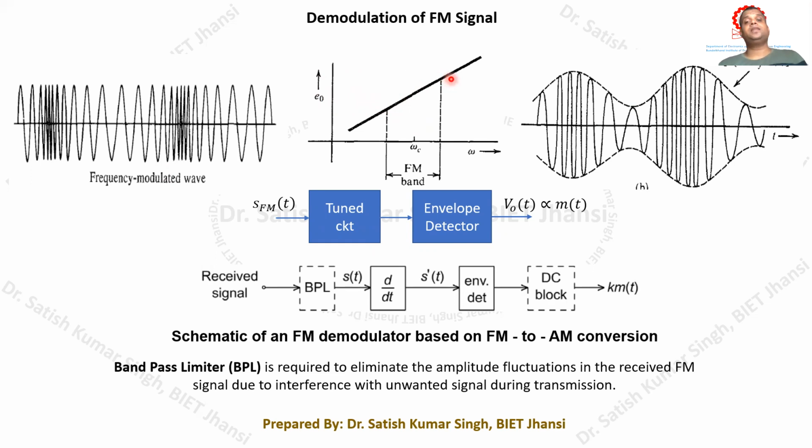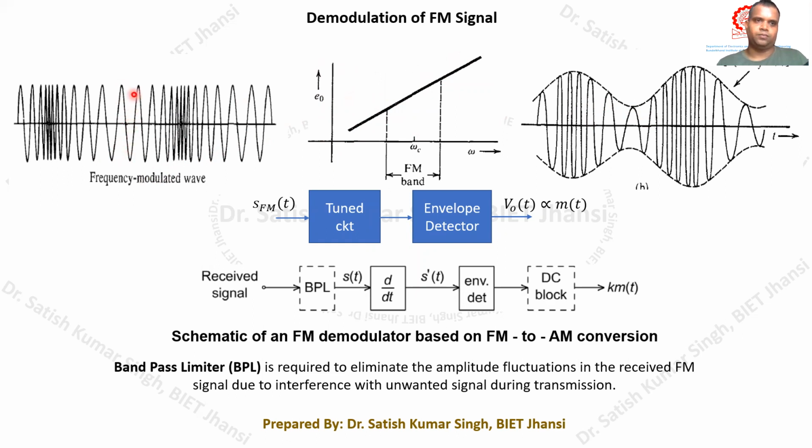So basically, even if we pass a frequency modulated signal through such a filter or a tuned circuit whose frequency response is something like this, then again the output of the filter will be an AM and FM modulated signal.